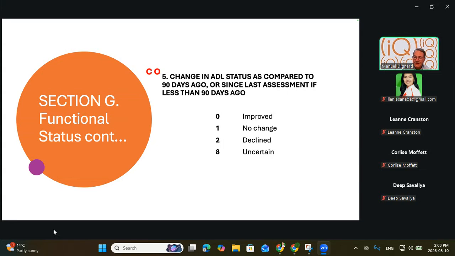This includes things like bathing, eating, transferring, or any of the ADLs. It's important to involve staff who know the resident well. And then we compare with the last assessment. We code improved, no change, decline, or uncertain, if we don't know.